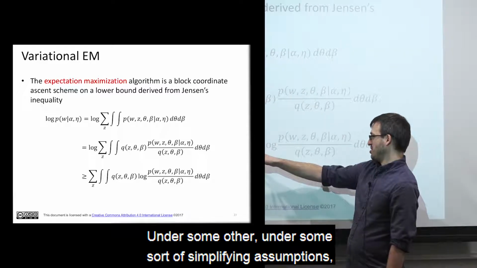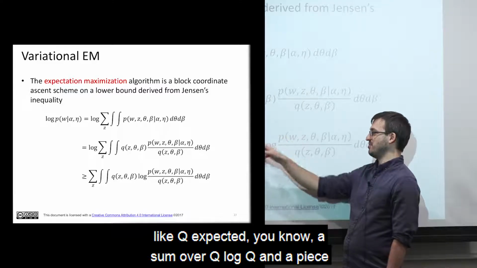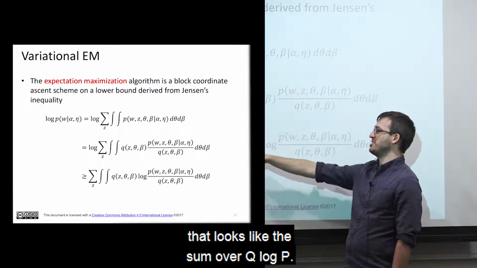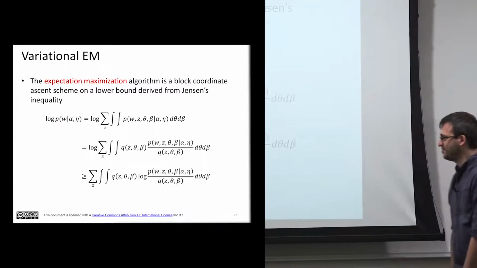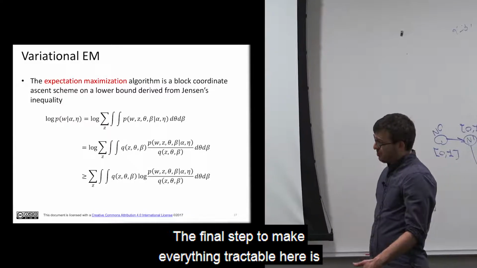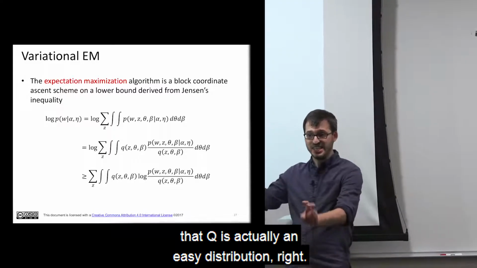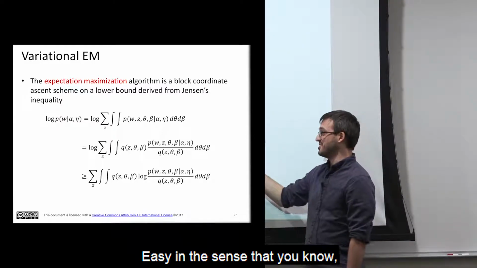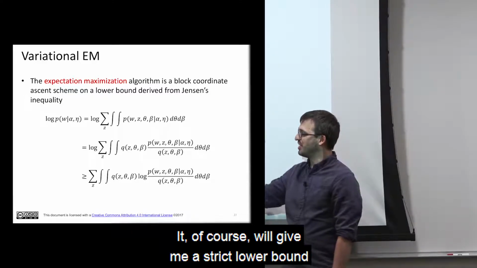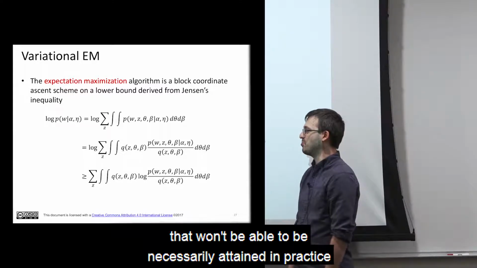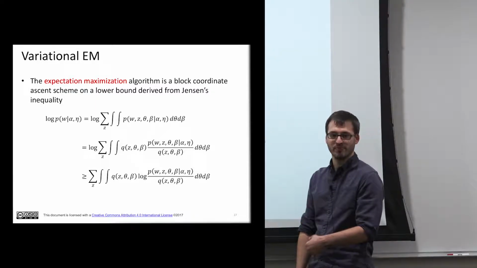Under some simplifying assumptions, it breaks it into two pieces: a piece that looks like a sum over Q log Q, and a piece that looks like the sum over Q log P. The final step to make everything tractable here is that I'm going to assume that Q is actually an easy distribution, easy in the sense that it will make the integrals tractable. It of course will give me a strict lower bound. That won't necessarily be attained in practice, but it'll make things computationally possible.